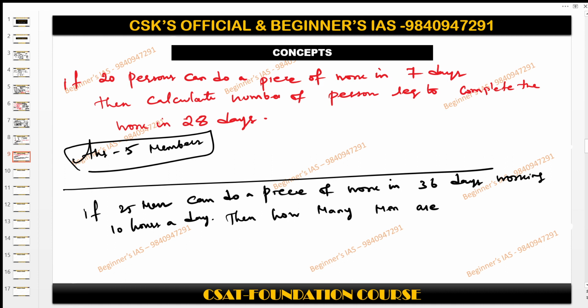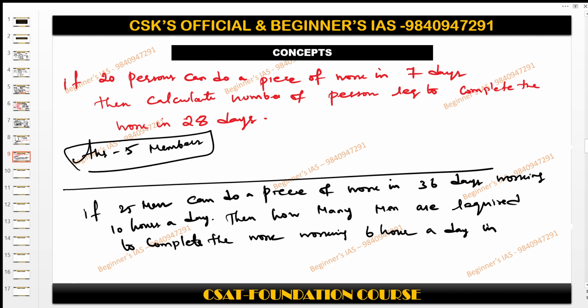Listen, I'm not giving how many more, I'm just giving how many men. So please remember the words are very important. Required to complete the work, working 6 hours per day, 6 hours a day in 20 days.